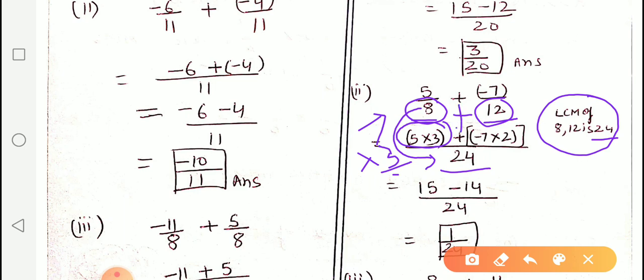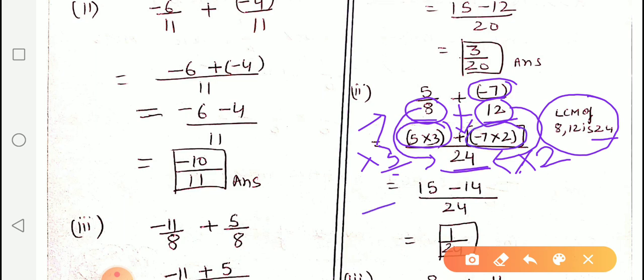Then we will write plus here. Again we will see 12 is multiplied by which number so that we can get 24 as an answer. So we will multiply 12 by 2, so answer will become 24. Now we will multiply its numerator by the same number, negative 7 multiplied by 2.